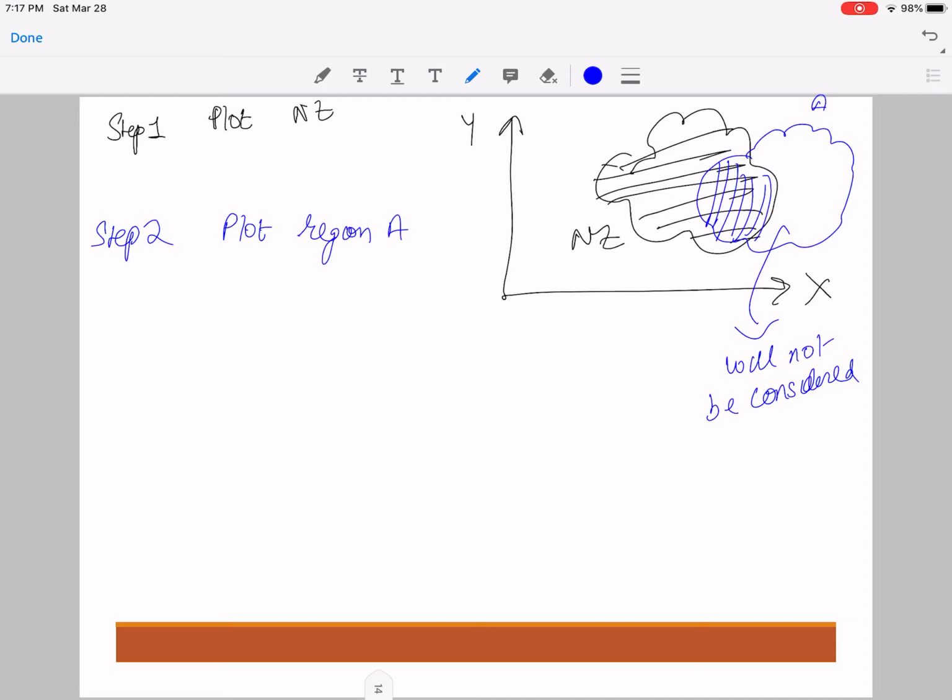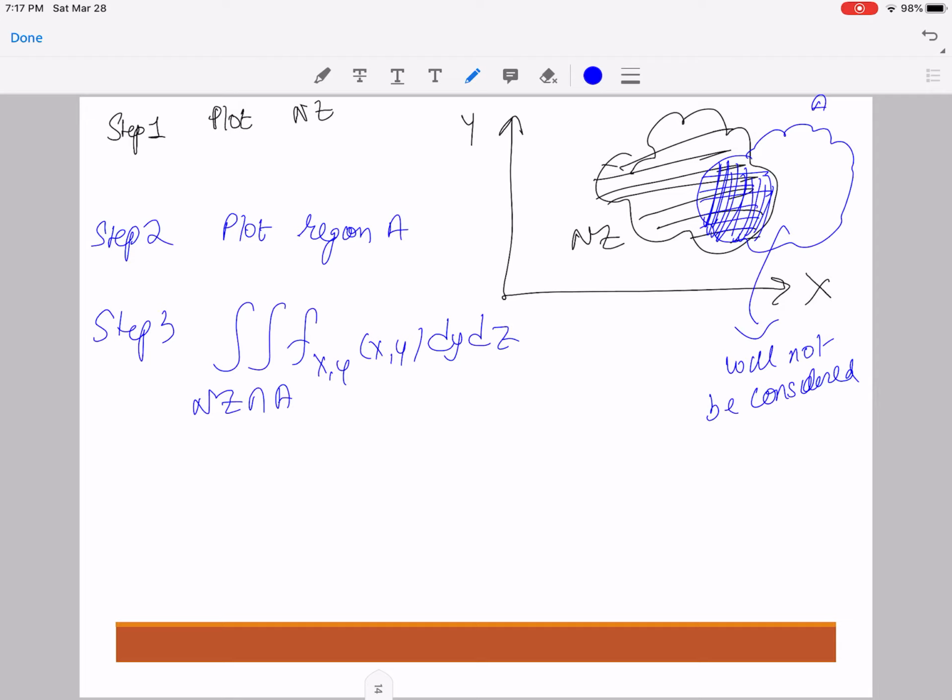So if we want to find the probability of event A, we better look at the intersection of NZ and the region A. Step number 3 is to evaluate the double integral of the joint PDF over that region NZ intersection A. So these are the steps that you're going to use to find the probabilities of different events or different regions.